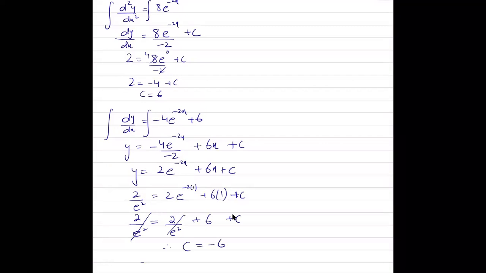Therefore, c comes out to be negative 6. So the equation is going to be y equals 2e to the power of minus 2x plus 6x minus 6.